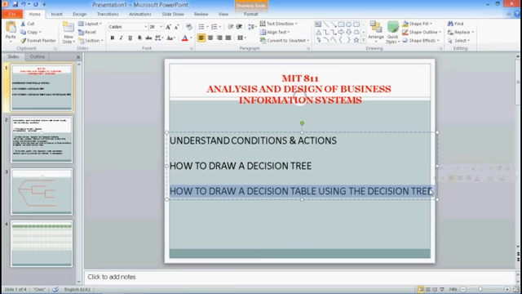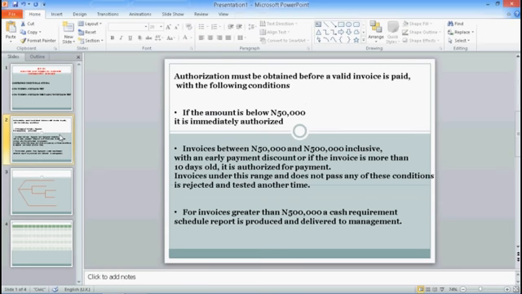The part we're actually going to, in the question, talks about obtaining an authorization. It says authorization must be obtained before a valid invoice is paid, with the following conditions.